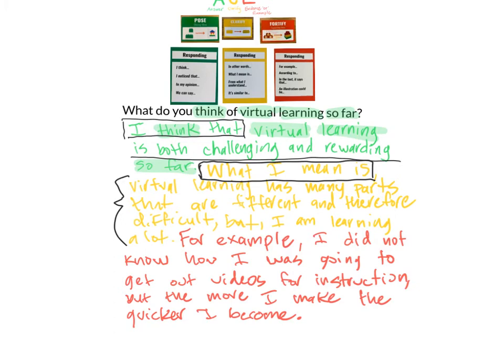Now, there's an extra layer here that we're not talking about that's very, very good at bringing the ideas together, okay? Taking all the ideas and then bringing them together, okay? But right now, we are not really going to go into that. This is just a basic 1, 2, 3, pose, clarify, fortify, a structure, okay? And we're not going to get into it.